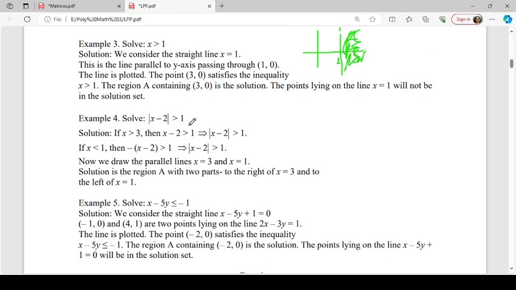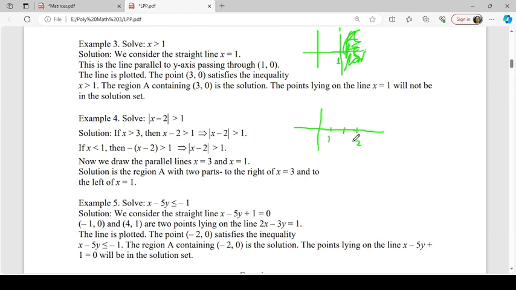Then mod of x minus 2. To solve it, x minus 2 is a modulus. So mod of x minus 2 greater than 1. This is 1, this is 2, this is 3.